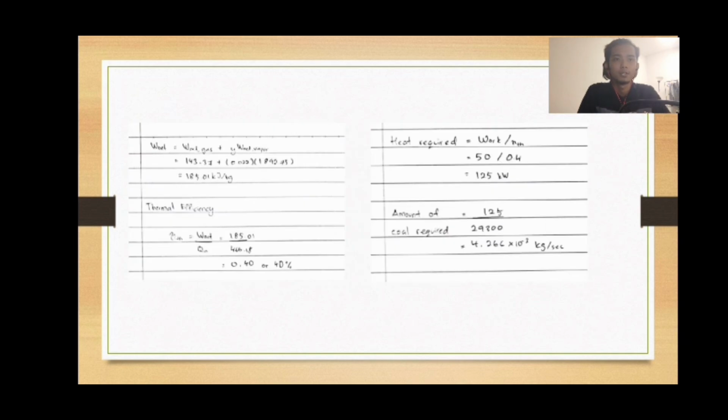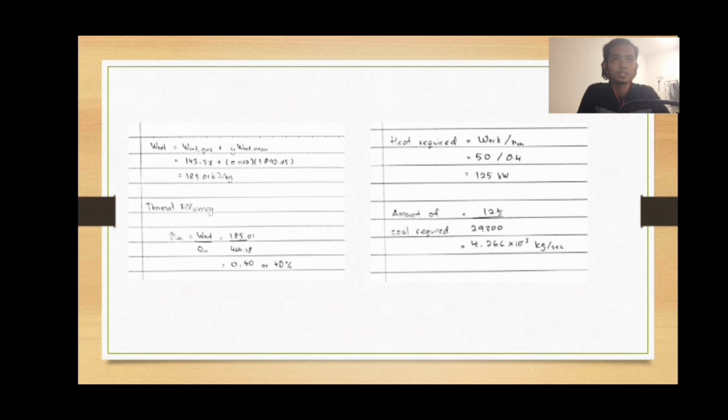I use the formula total work net equal to work net gas plus work net vapor. So I get 185.01 kilojoule per kg. And for the thermal efficiency that the question needs, I got efficiency 0.40 or 40%.